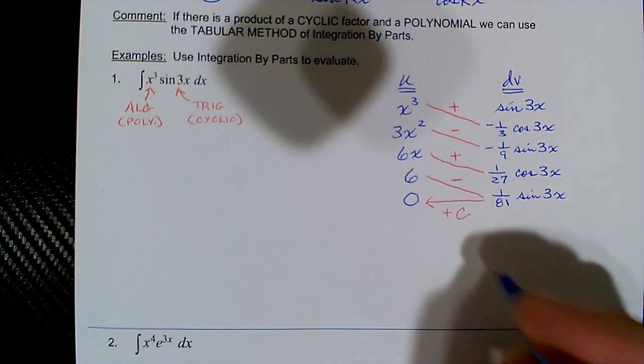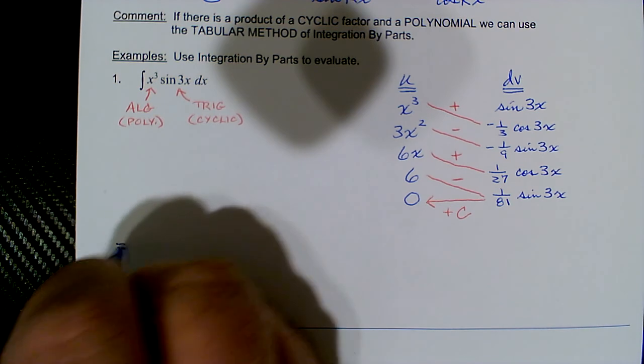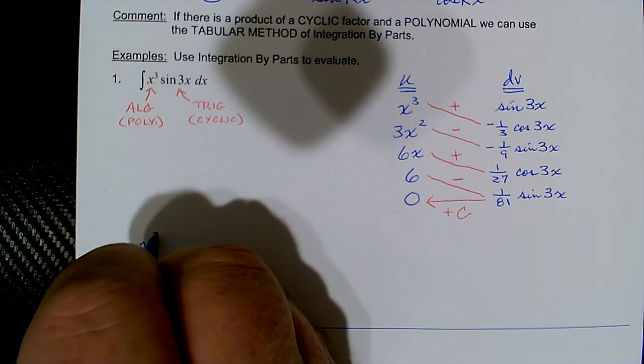And then all of our calculus, everything's done. All we need to do is take the product of those diagonals, account for the signs.